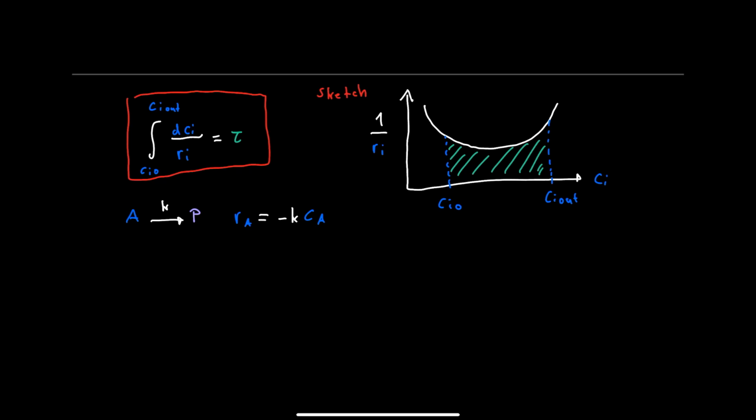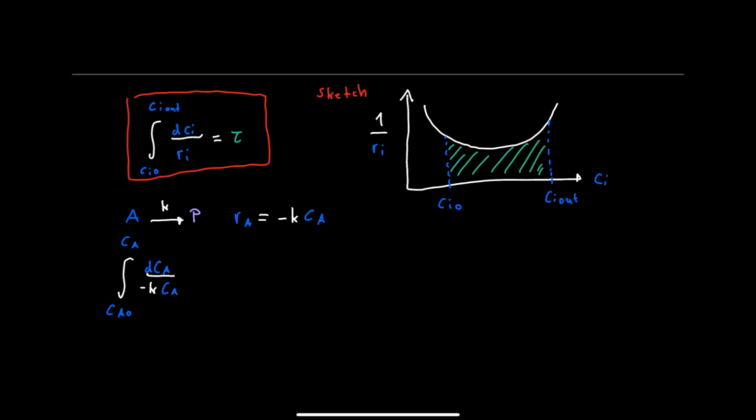So if we have a plug flow reactor, we apply the formula I just derived. So let's name our entering concentration CA0 and the exiting concentration just CA, the integral of dCA divided by the reaction rate of the species A, which in this case is negative the rate constant k times CA.